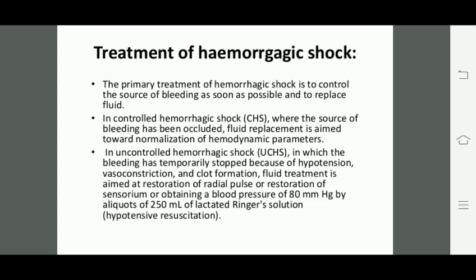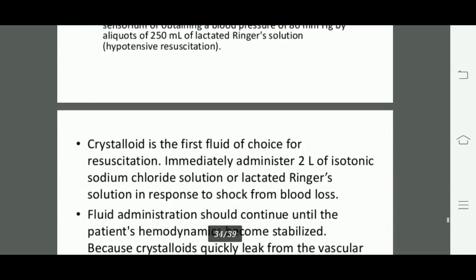In uncontrolled hemorrhagic shock, in which the bleeding has temporarily stopped because of hypotension, vasoconstriction, and clot formation, fluid treatment is aimed at restoration of radial pulse or restoration of sensorium or obtaining a blood pressure of 80 millimeters of mercury by aliquots of 250 ml of lactated Ringer's solution, that is hypotensive resuscitation.